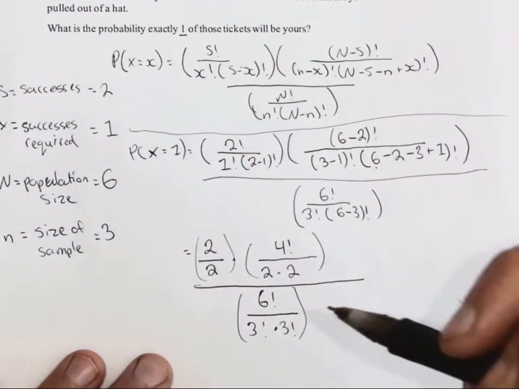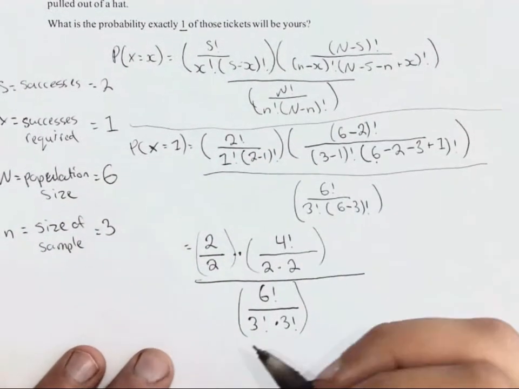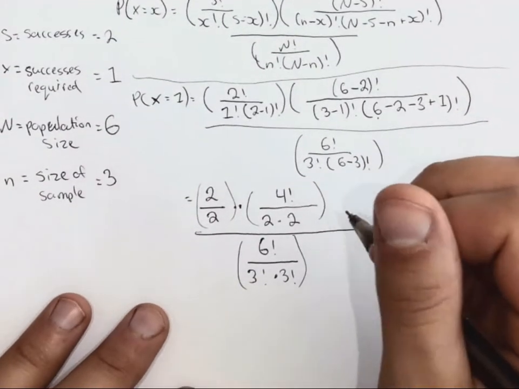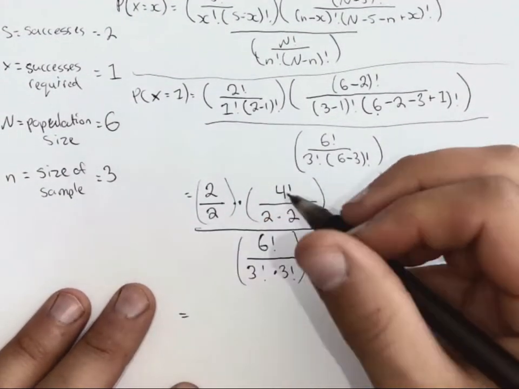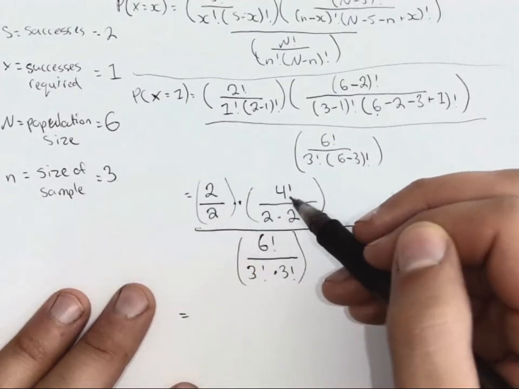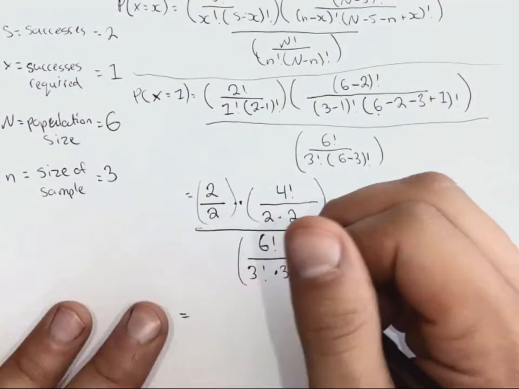Now we can work this down even further. So we can eliminate 2 over 2, because 1 times whatever this will just be this.